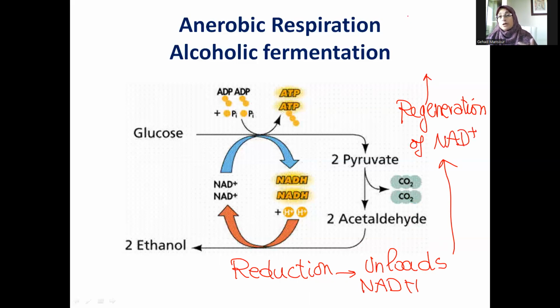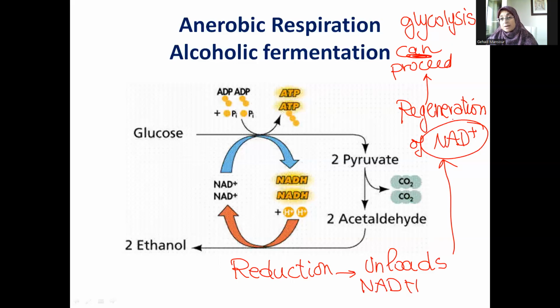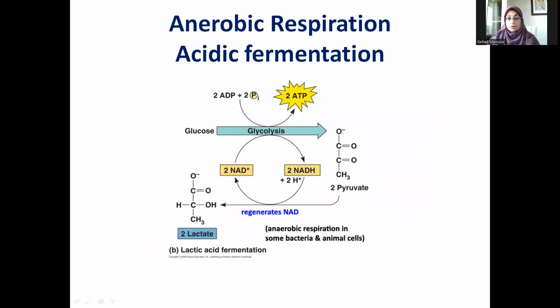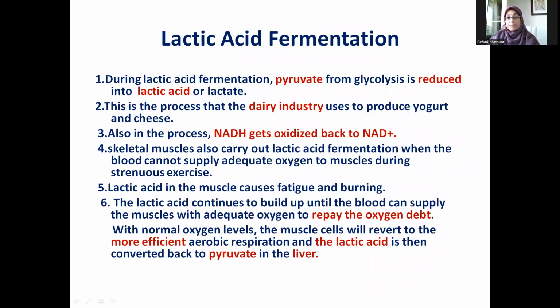In order for glycolysis to proceed, because if oxidized NAD is not restored, then glycolysis cannot proceed, because it can proceed only if there is NAD to carry the hydrogen that is released from glucose. This is the process of acidic fermentation, and it is clear here that pyruvate reduction regenerates NAD.